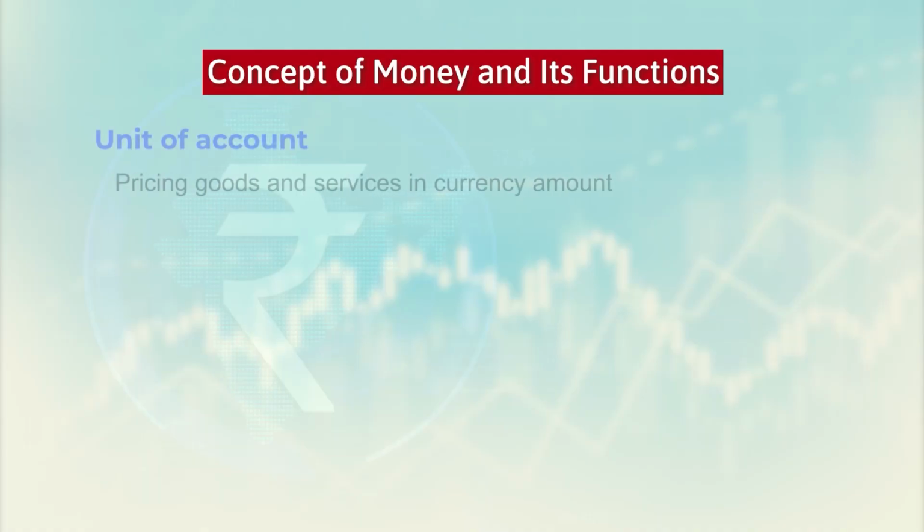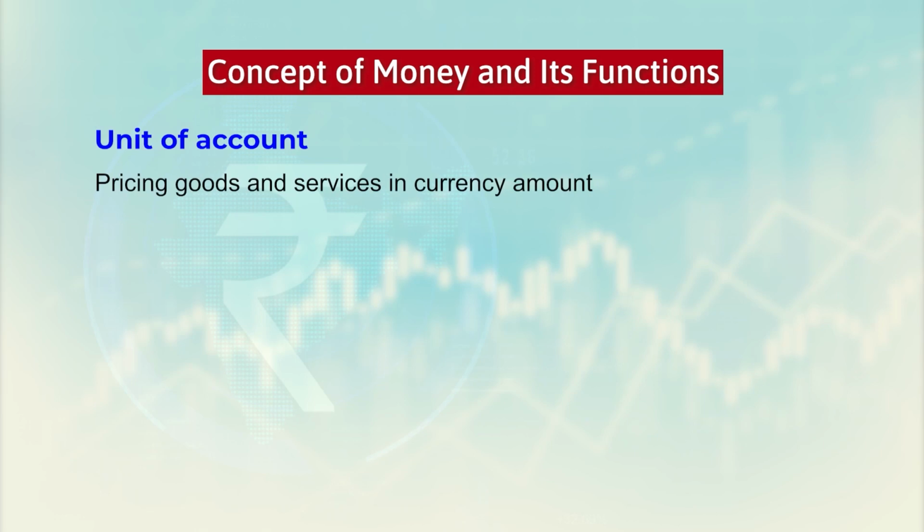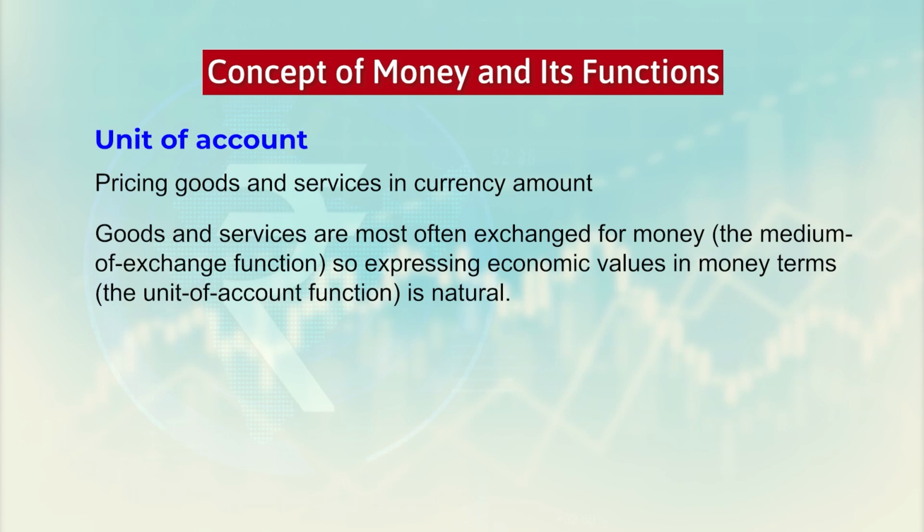This comes under function number 2, the unit of account, which is associated with money, where pricing of goods and services is tagged with a certain amount of money, be it rupees, yen, or dollars, it doesn't matter. Depending on convenience, various countries use various currencies. And then goods and services are most often exchanged for money. This is essentially the medium of exchange function.